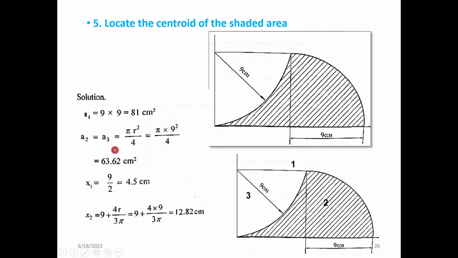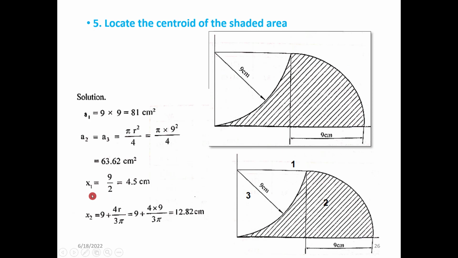A2 is equal to A3. A2 means this non-shaded portion, pi r squared by 4, and this is A3. Both have the same radius, right? So for this one also A3 is pi r squared by 4, 63.62.